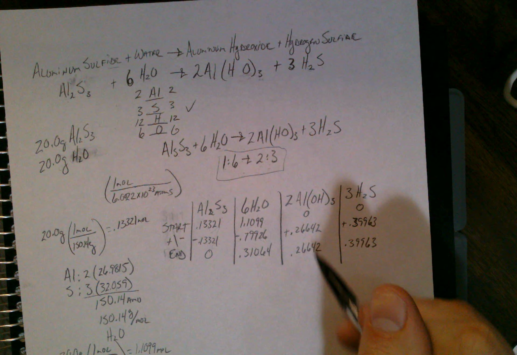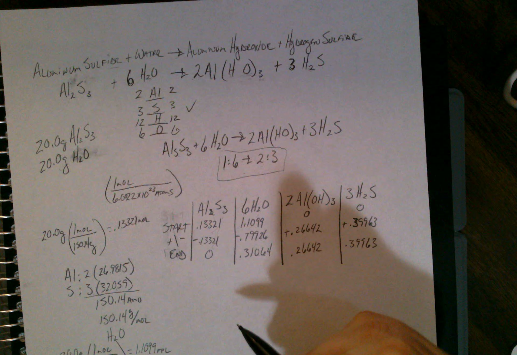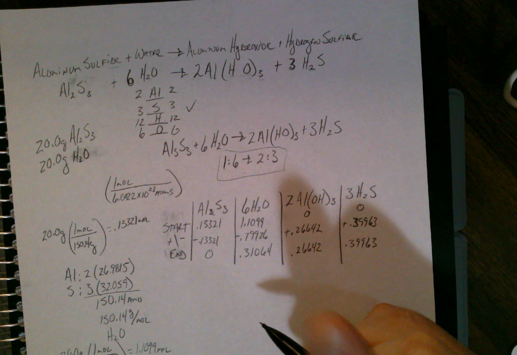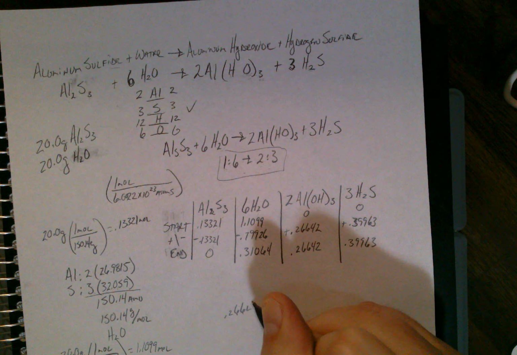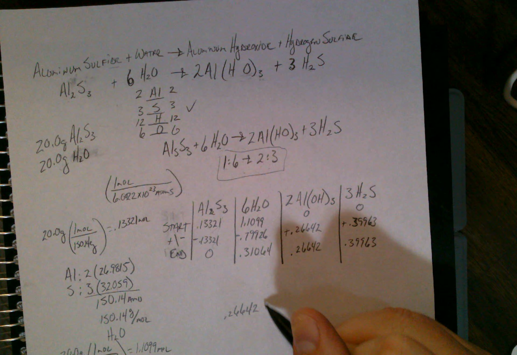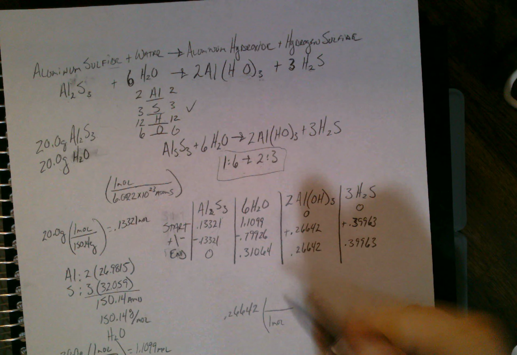So how many grams of aluminum hydroxide did we create? Well, let's find out. We've got 0.26642 mole. This time we're going to put mole down here at the bottom so that we can get grams when we finish.